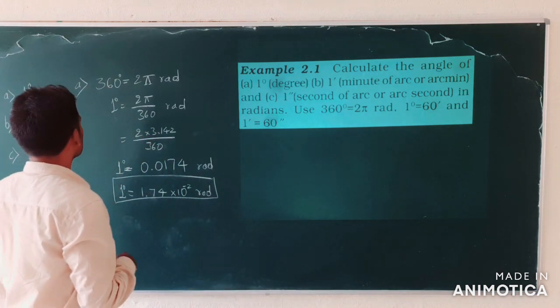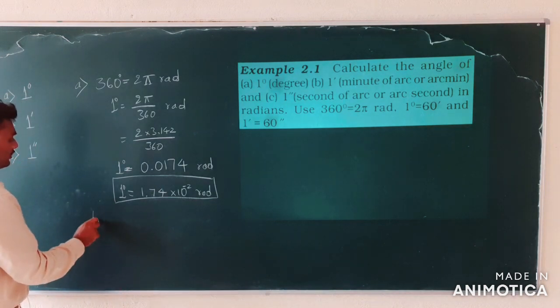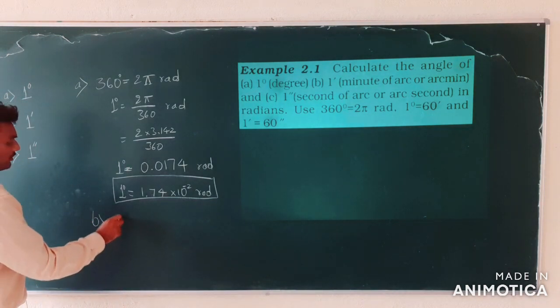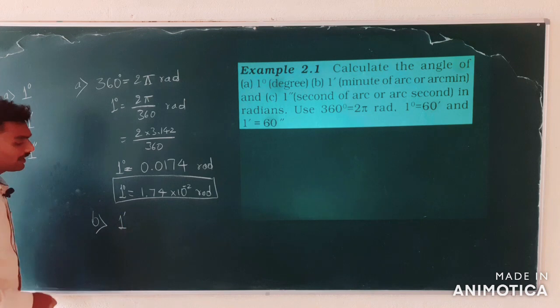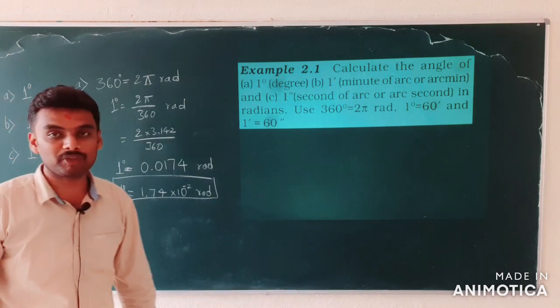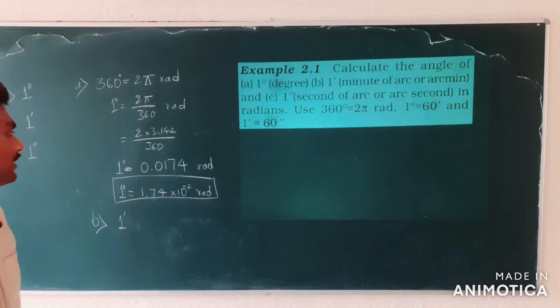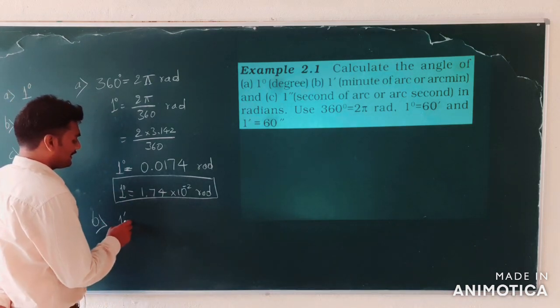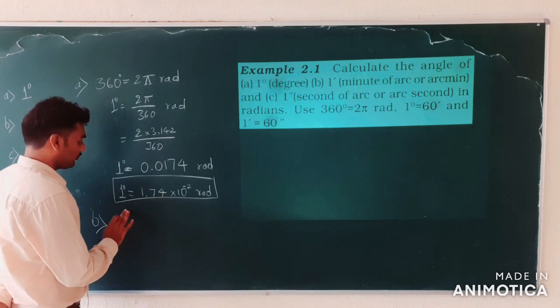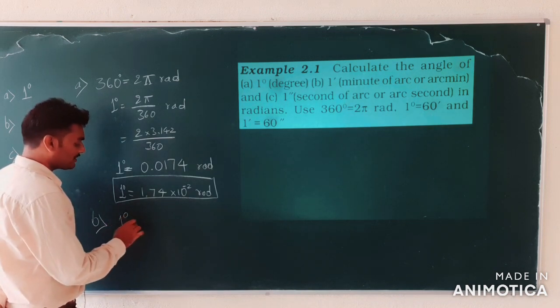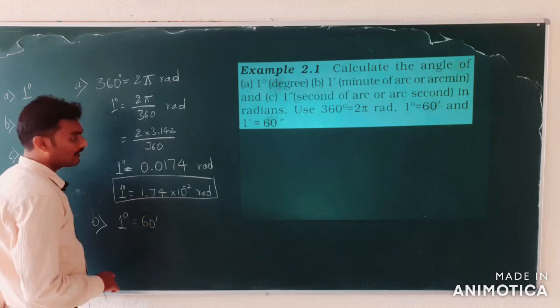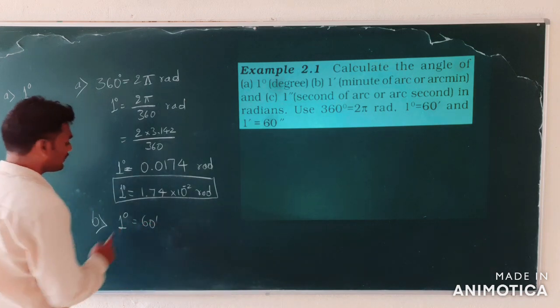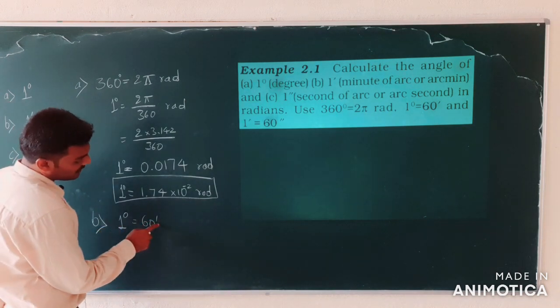Moving ahead for the sub question B, now we need to get what is 1 minute arc or 1 arc minute expressed in terms of radians. What is given? 1 degree is equal to 60 minutes is the conversion between degree and minute.